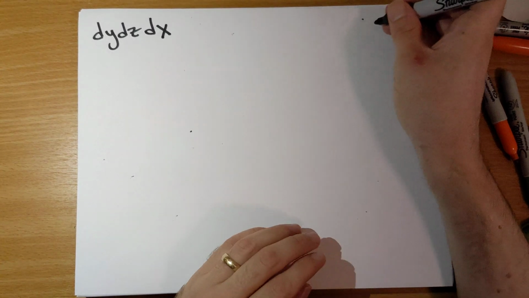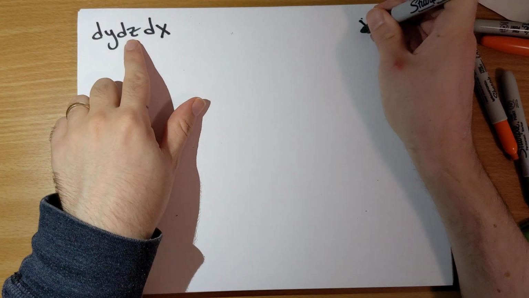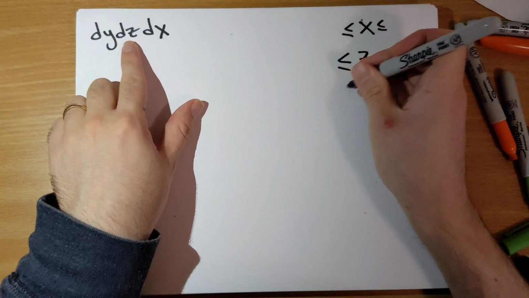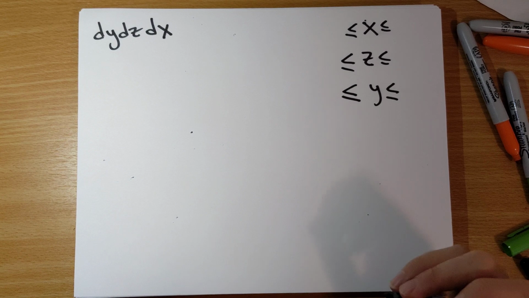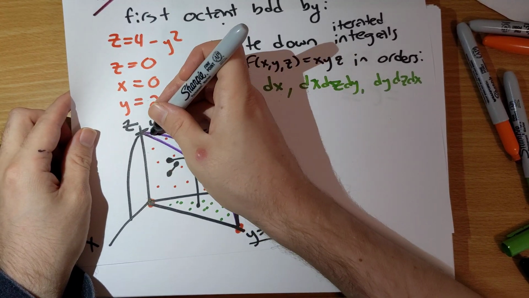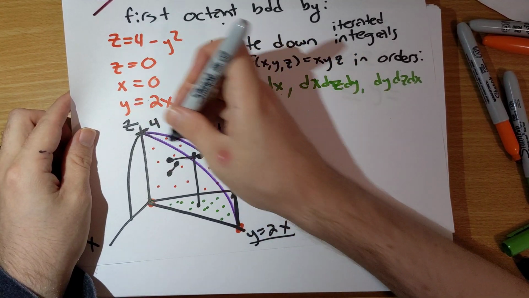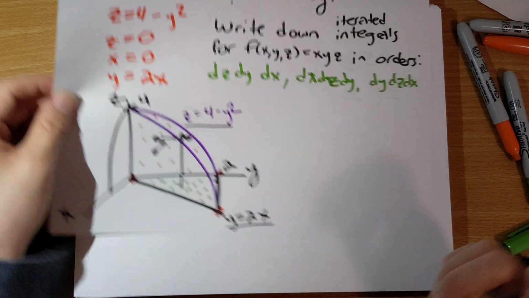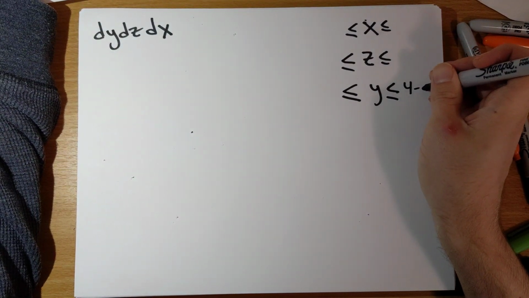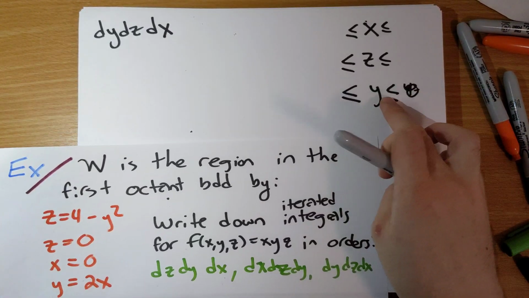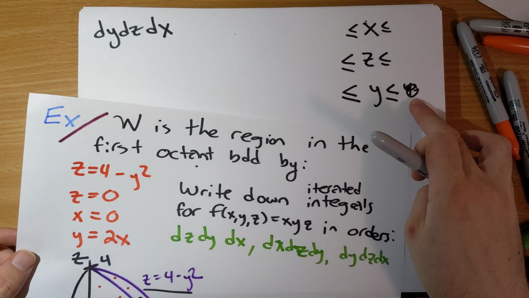Well, let me start writing this down. In this order, x will be our constant bounds, then z, then y. We can see that the biggest y can be, for this set of x and z, is on this surface right here, which is z is equal to 4 minus y squared.